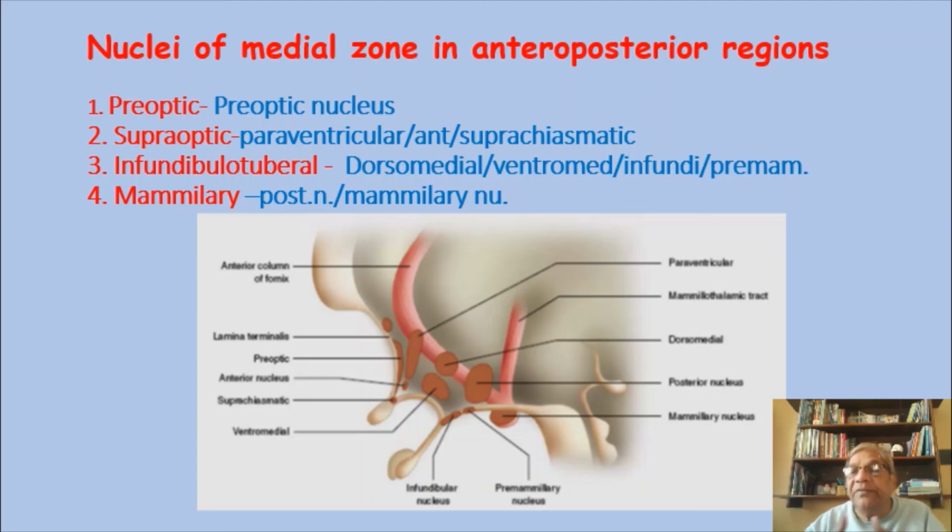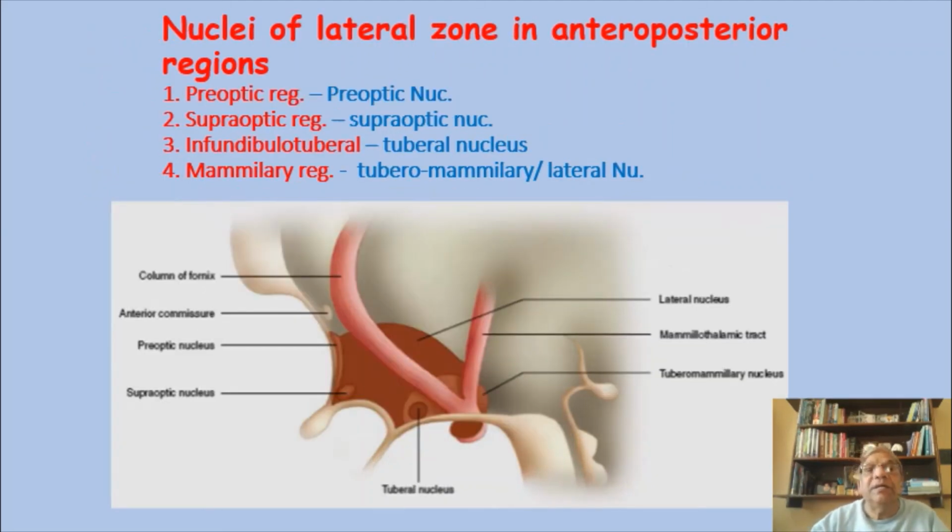Again I will go from anterior to posterior. These are the nuclei which are deep to the column of the fornix and the mammillothalamic tract. In area number 1 is the preoptic area, which we already learned, which was also present in the medial zone.